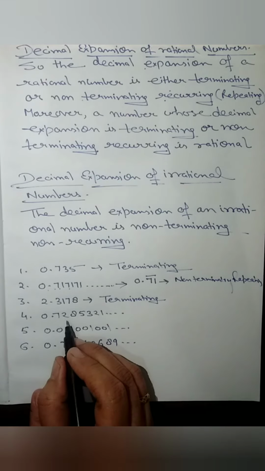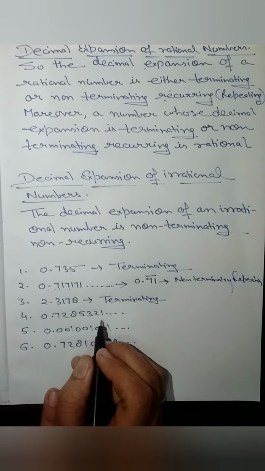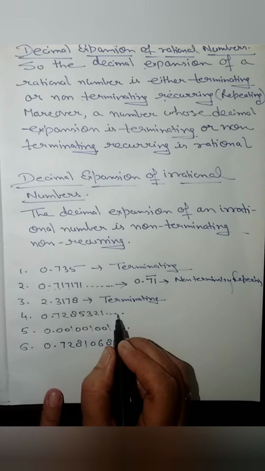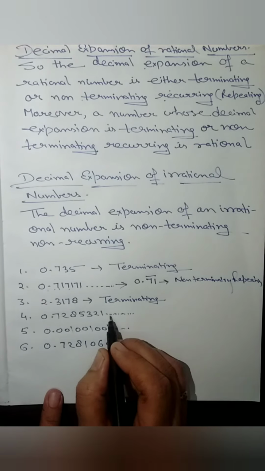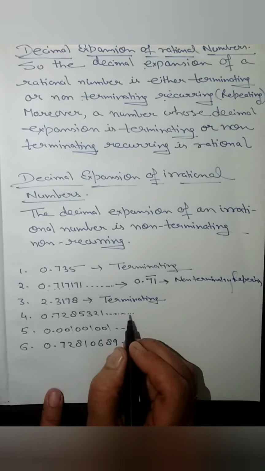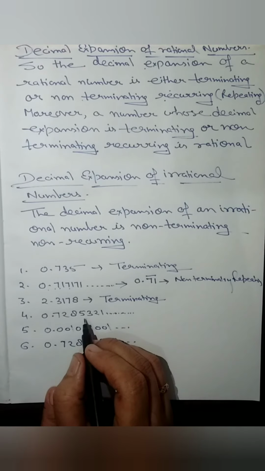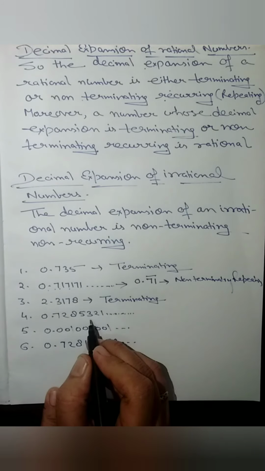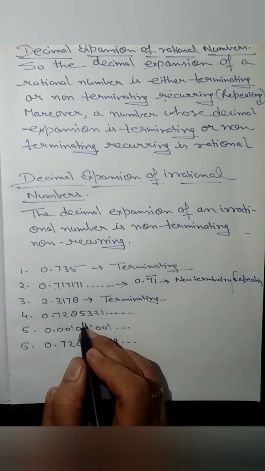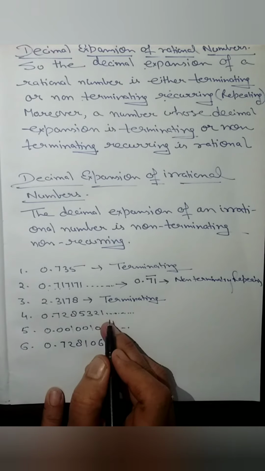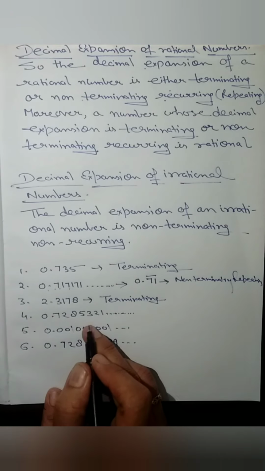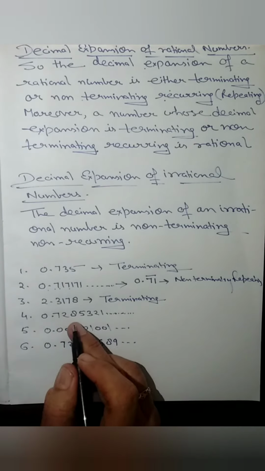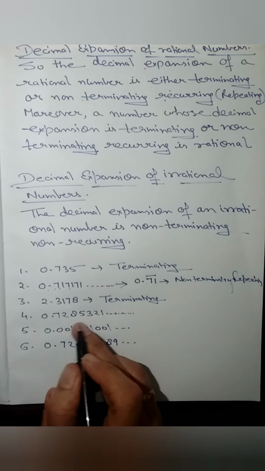Now 0.728531, moving infinitely, endlessly we are getting the digits. In this case we can see this decimal expansion is neither terminating nor non-terminating repeating. It is not terminating because we are getting the digits continuously.